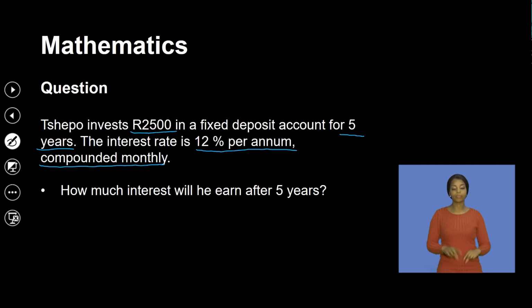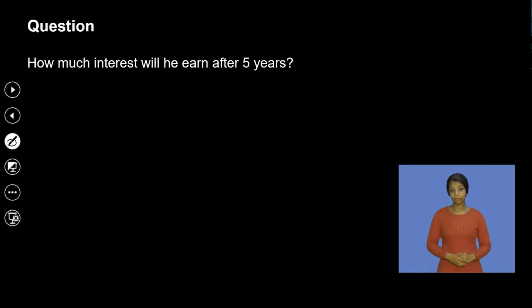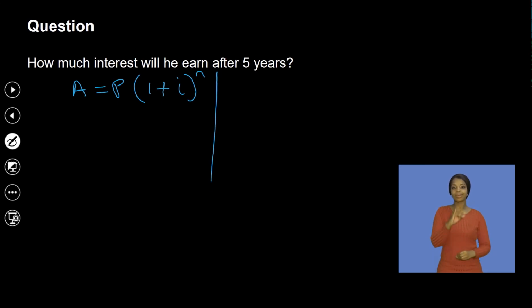Now, we want to know how much interest Tshepo will earn after the 5 years, right? So with this one, we will go straight to the formula, because this is compound interest. 1 plus I to the exponent of n. Just quick reminders here. Remember that if it's compounded monthly, we say I must be divided by 12, and then n must be multiplied by 12, right?